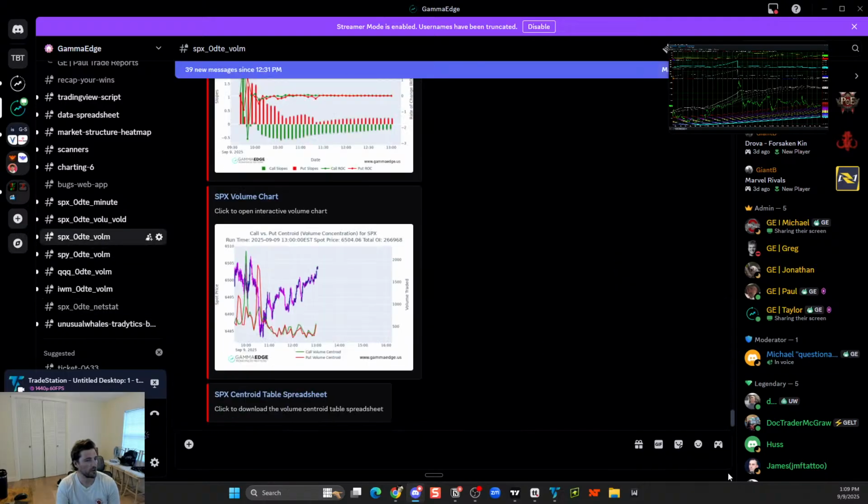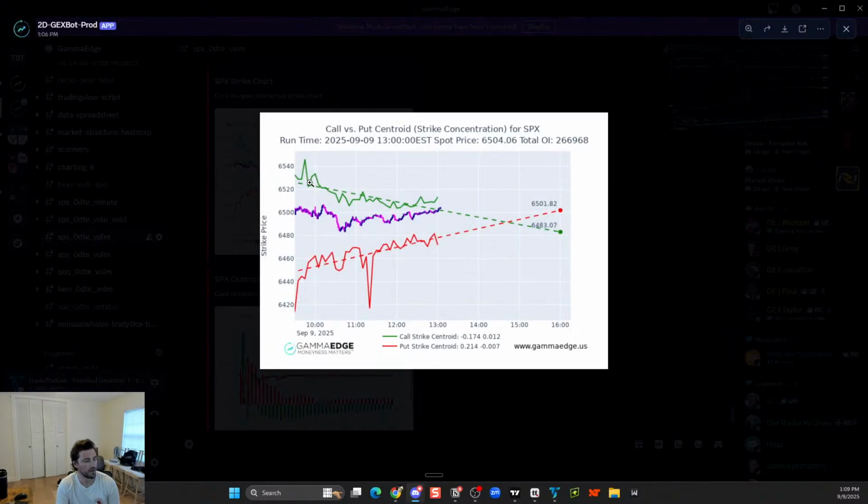Looking at intraday volume now, this is our analysis of SPX 0DTE volume. Calls are on the upside in green, puts to the downside in red. Fairly choppy action, but we're starting to see a little bit of progression higher with the call centroid.